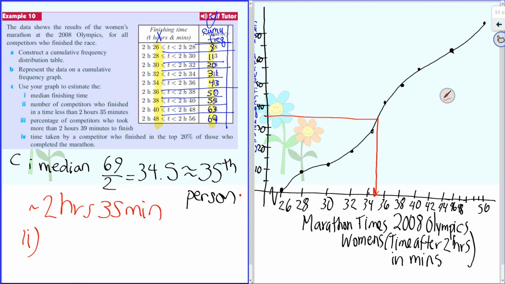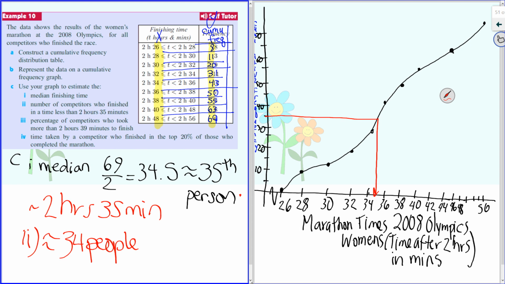So we discovered that this is kind of the median, for 2 hours, 35 minutes. If we're at the median, how many people are below the median? 50%, which is how many people? About 34, because we have 69 people.